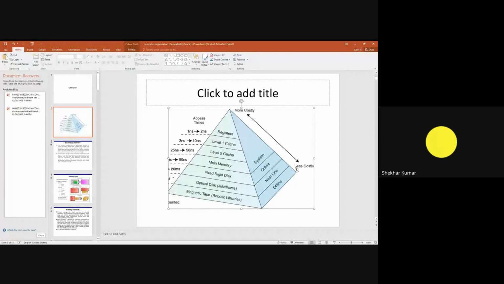So according to the memory hierarchy, the first one is your registers, then cache memory. There are two types of cache, level 1 and level 2. After that, your main memory and secondary memory.